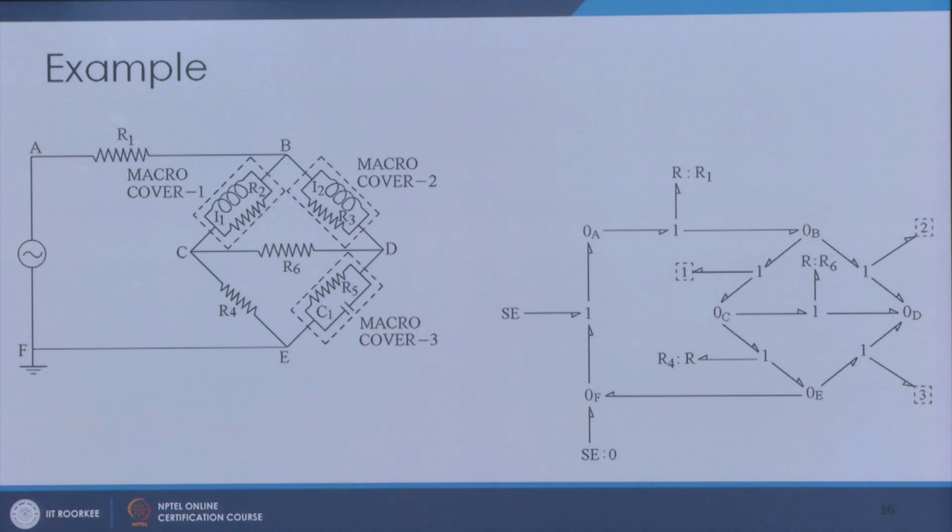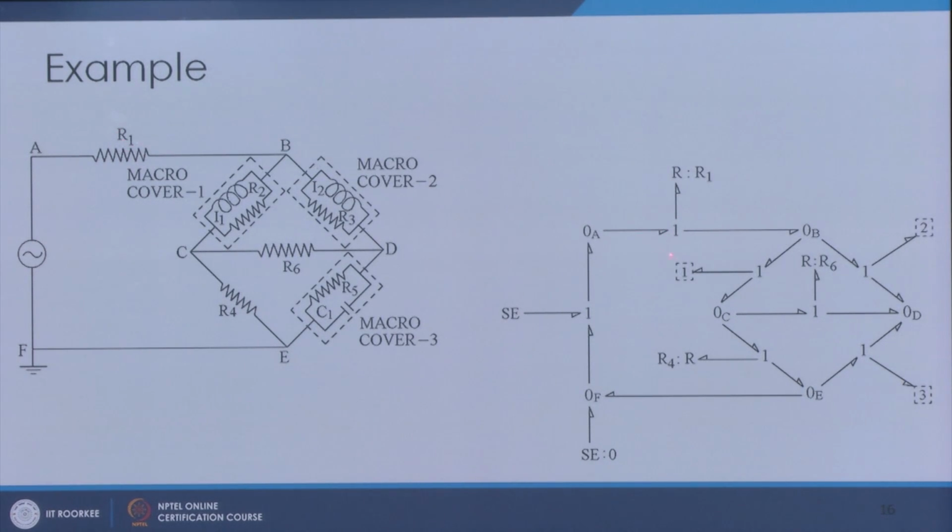And let us see, now we can go for the method of point potential. So, I identify the potential at point A as 0A, B as 0B, okay, and here C as 0C, E as 0E, D as 0D, okay, and now across the elements, okay, across the 0 junctions, I attach in between one junction and attach the element over there.